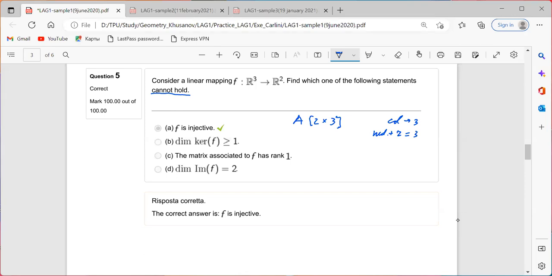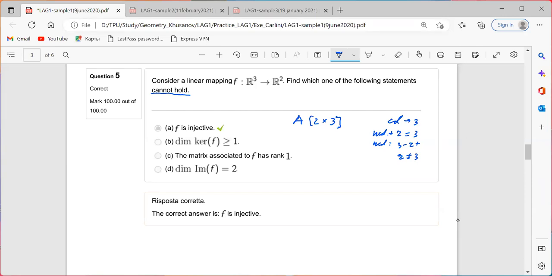And what about this nullity? Nullity will be equal to 3 minus r. But nullity will be 0 only if r equals 3. But r now cannot be equal to 3. Why? Because the matrix is 2 by 3. r is the rank. Rank of a matrix cannot be more than each of these dimensions.